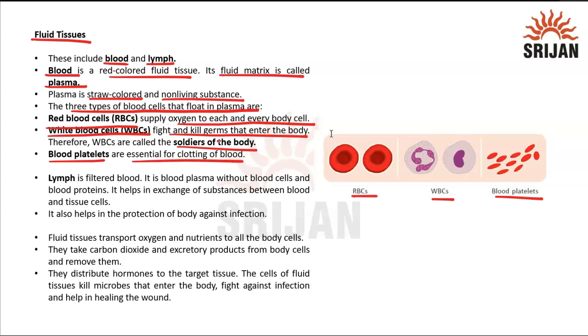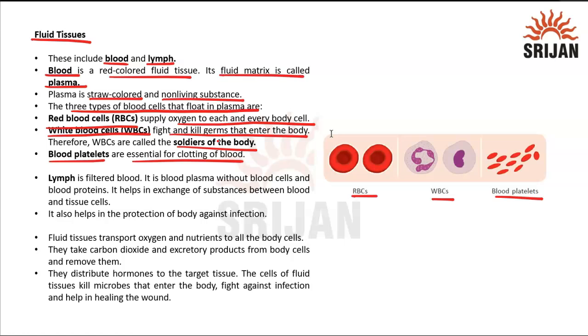Now, when we talk about plasma, there is sometimes confusion about why we say it is a non-living substance. In blood itself you have a lot of components along with RBCs, WBCs, and blood platelets, and all of those other components are considered non-living.